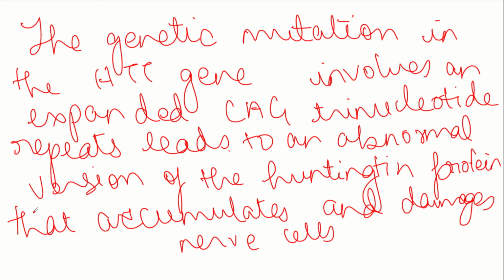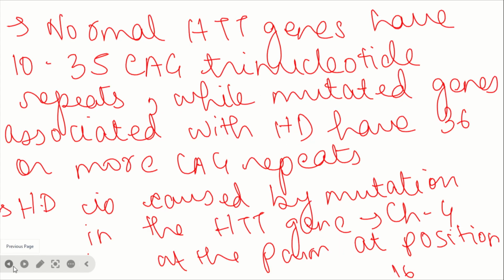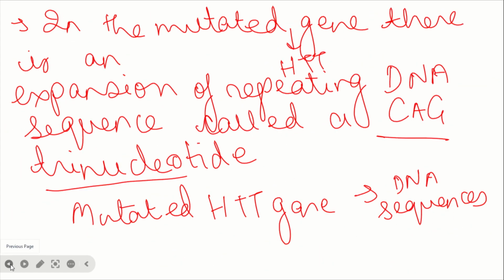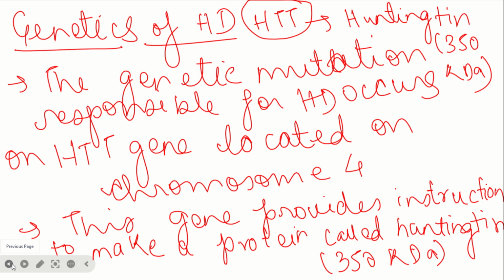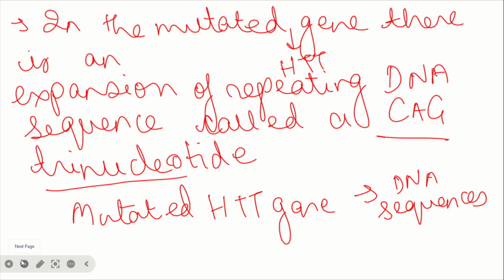So this is a summary, okay, of the genetics of Huntington disease, and we talked in detail about how the disease occurs and in which gene the mutation occurs. The mutation occurs in the HTT gene, which is located in 4p16, that is the short arm of chromosome 4 at position 16, right?